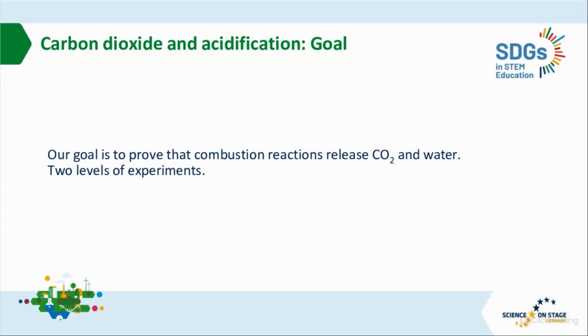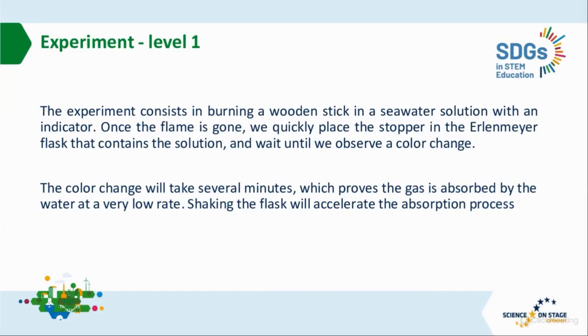And here we offer two different levels of experiments, depending on the coding skills of the students, and the age of the students, of course. We propose a level 1 experiment where we just burn a wooden stick on top of seawater solutions that they brought to our school, and we added some indicator in those solutions.